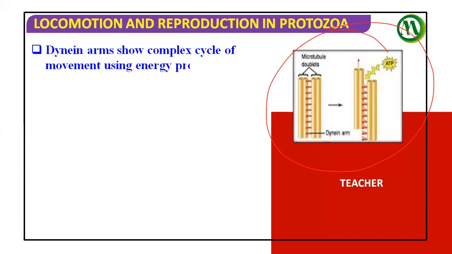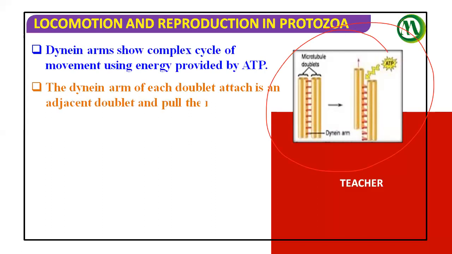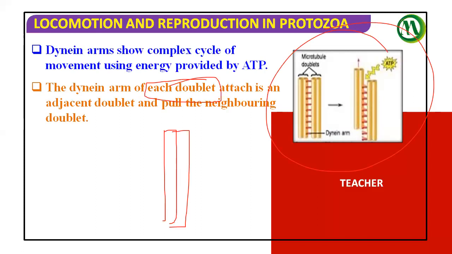The dynein show a complex cycle of movement using energy provided by ATP. The dynein of each doublet attach to an adjacent doublet and pull the neighboring doublet. Which doublet has this dynein?